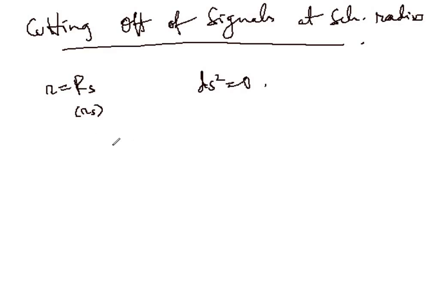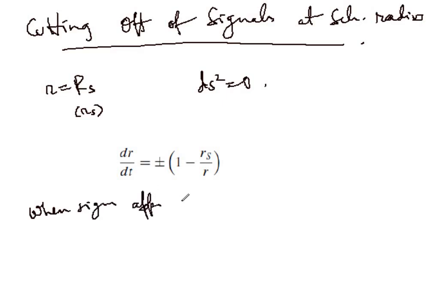Let me write it down here. Now, when the signal approaches r equal to rs, then the coordinate velocity tends to 0.